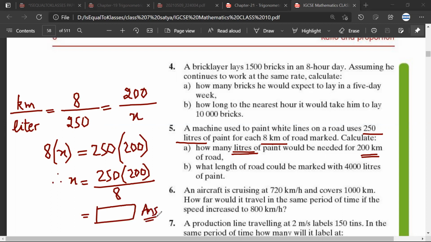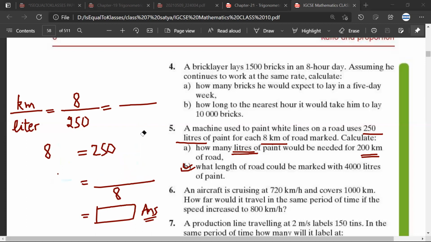Okay. B part. Mr. Sarthak, B part. So it will be x upon 4,000.